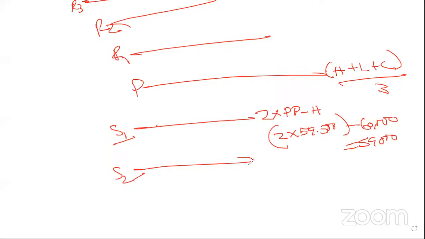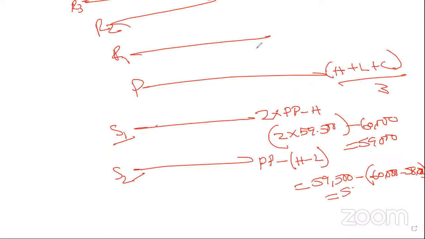Then what is support 2? Support 2 is the pivot point minus in bracket high minus low, which is the pivot point 59,500 minus 60,000 minus $58,000, which was the low, which means support 2 will be at 57,500.